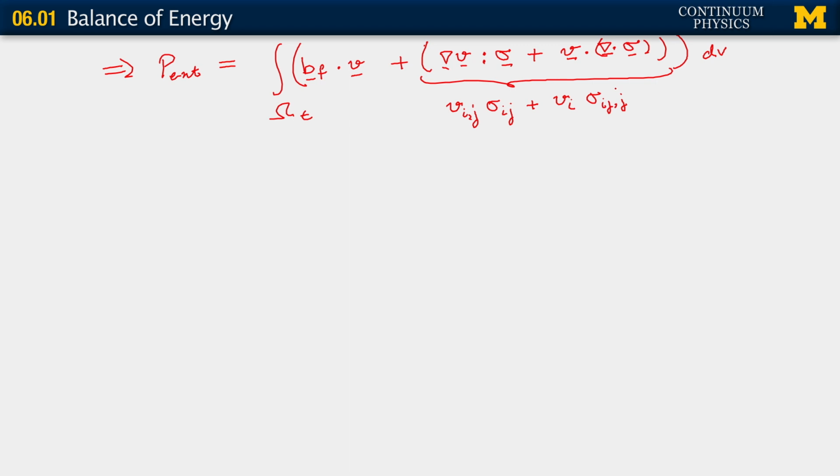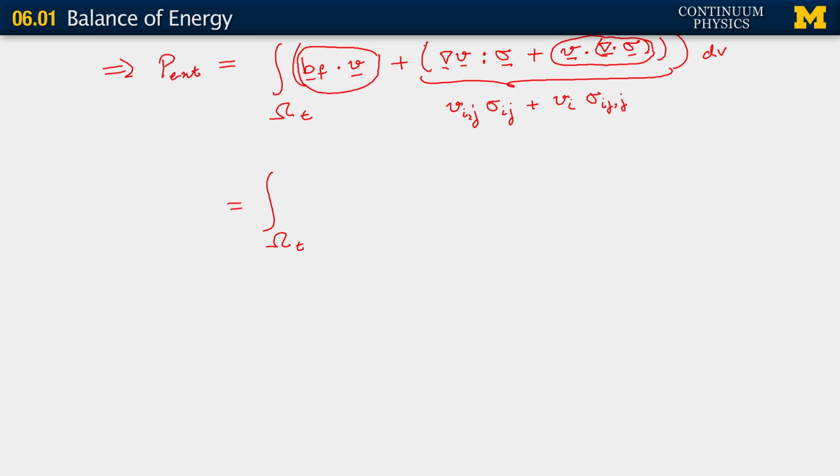All right. So now if we look at this, we observe that we have two terms here that actually are very similar to the balance of linear momentum. In particular, if we look at this term here, we see the body force dotted with V, and here we see the divergence of sigma dotted with V. You'd recall that the only term missing there then is the term V dotted with the material time derivative of the velocity itself, times the density.